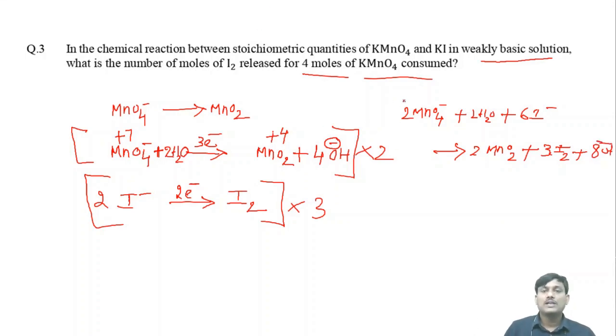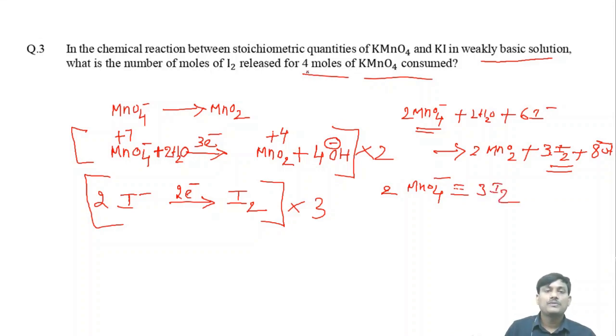So you have to compare MnO4 minus and I2. In this case, 2 moles of MnO4 minus release 3 moles of I2.